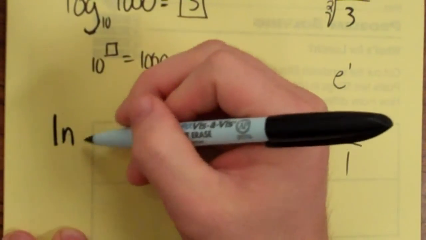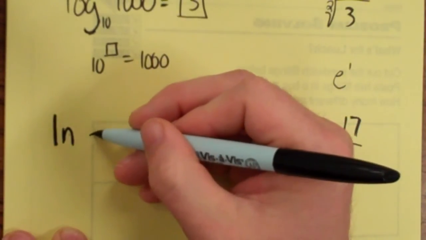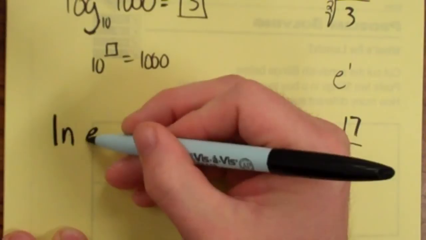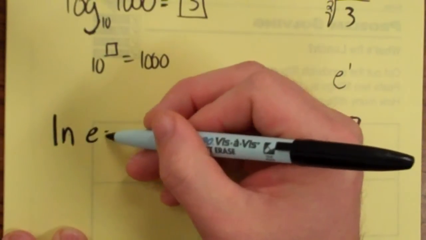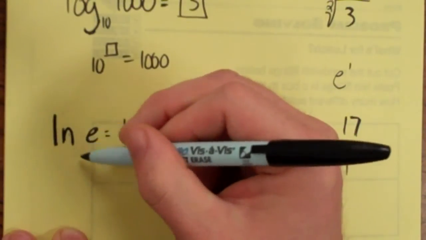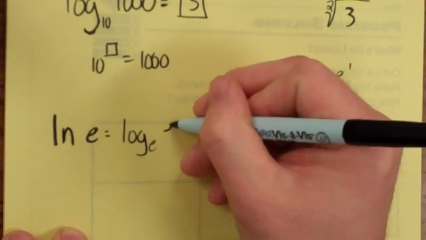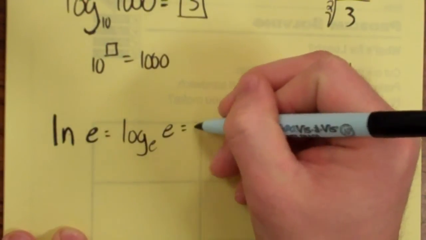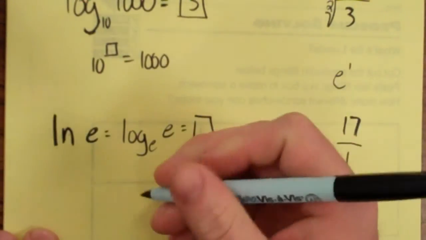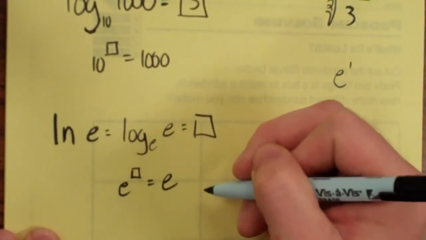So the natural log of a number is, let's say I have the natural log of e. Remember, e is just a number. We just learned about e. This is the same as saying, right? We're writing natural log, and I haven't written any base here. So what is the base? It's log base e. Okay? So what is this? e to the what equals e?